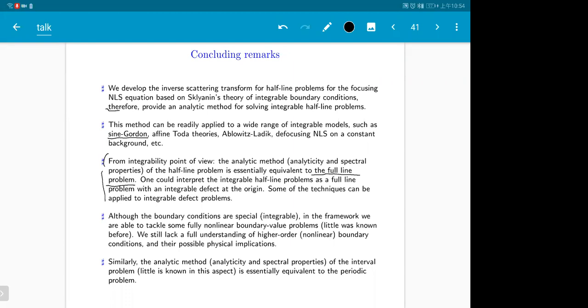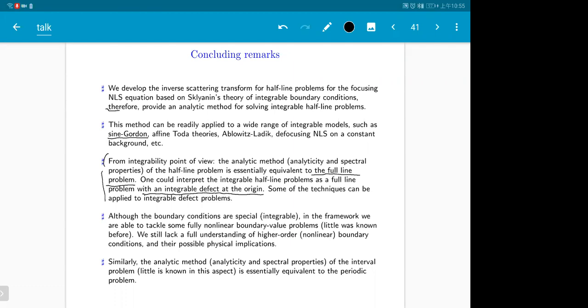And we can also, in certain contexts, interpret this half-line problem as a whole line problem with an integrable defect condition at the origin. So the methods we present in this talk can also be applied to certain integrable defect problems.